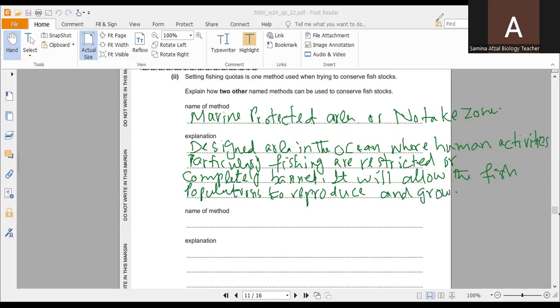In this way, we can get a healthy and significant number of these fishes. And the second method can be implementing size restrictions.